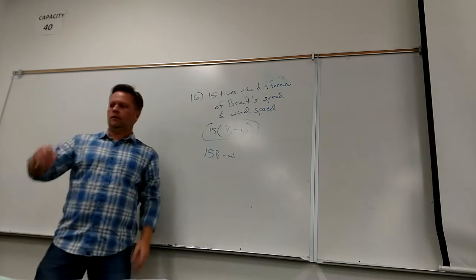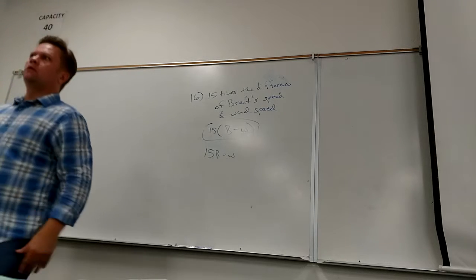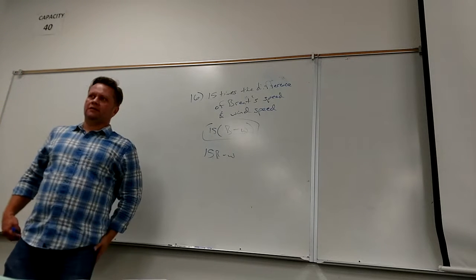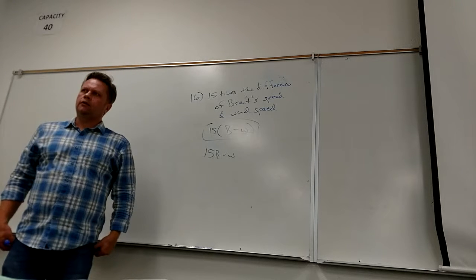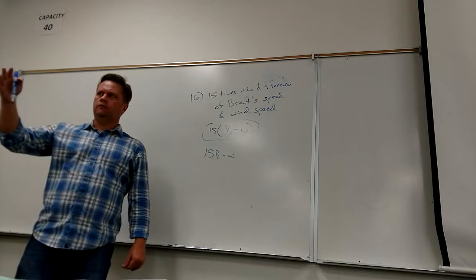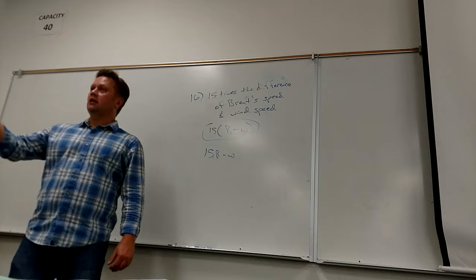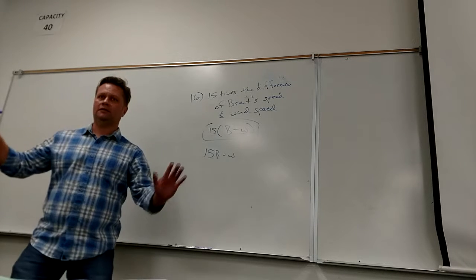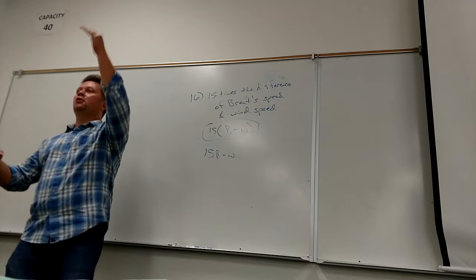Does it matter if you put the B or the W first in the parentheses? Totally. So the only phrase in English that has to get turned around, like we learned yesterday, is "less than." The difference between 10 and 8 is 10 minus 8. The quotient of 10 and 8 is 10 over 8.